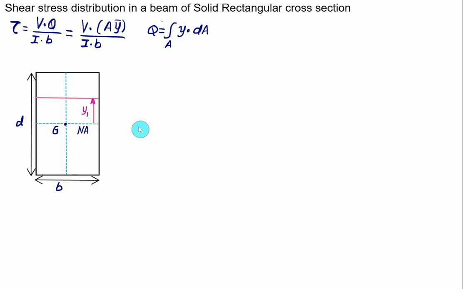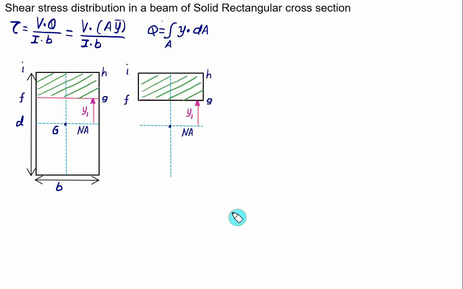The rectangular section is considered, so the width remains constant. So we'll get here this hatched area. This hatched area is the same as our FGHI. Since we are interested in the distribution of the shear stress, we'll consider here one elemental area.